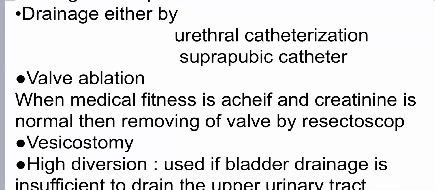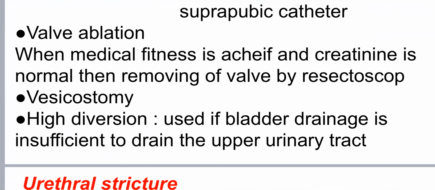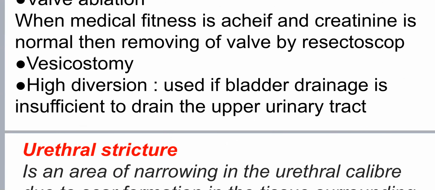Then after stabilization of the patient, when the creatinine is normal, electrolytes are normal, and the patient starts feeding, we can do transurethral resection of the posterior urethral valve using a resectoscope. Sometimes we wait until the patient is older, so we do vesicostomy.